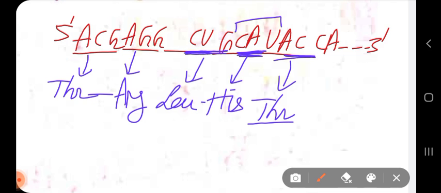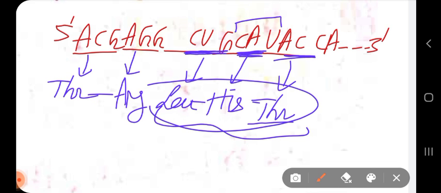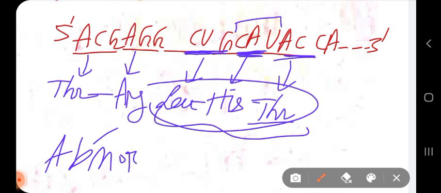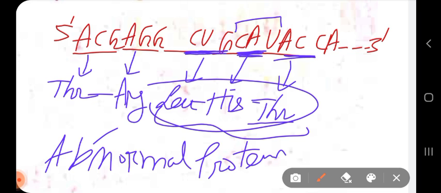So you see there will be a change in the amino acid sequence, which can lead to an abnormal protein product that may be non-functional or over-functional. So deletion leads to this type of abnormality that causes serious impact in our system.